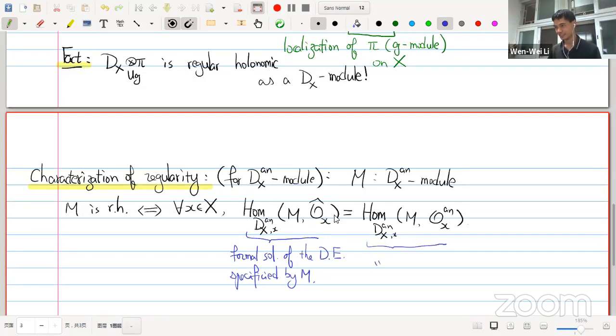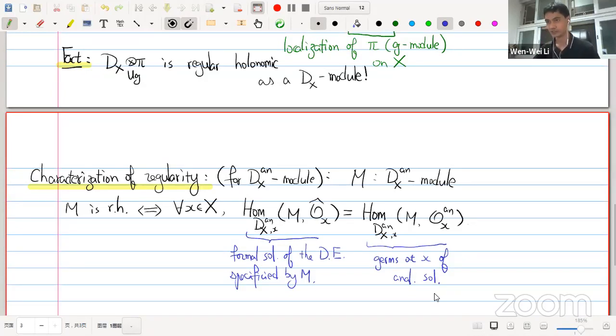And here is the same space, but germs of analytic solutions. So this means a system of differential equations is regular holonomic if and only if every formal solution converges locally everywhere.